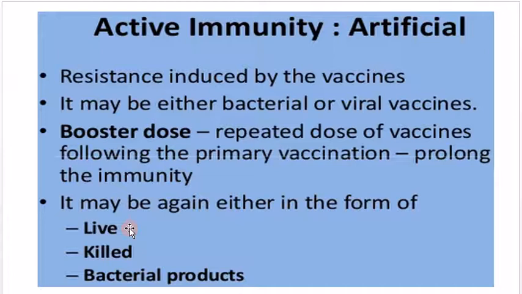If we put in the real pathogen, sometimes it causes harm to the body, and therefore sometimes they use either a bacterial product, or a killed or live virus. Sometimes you use a booster dose, which means for prolonged immunization you need to remind your body again and again to protect itself from certain pathogens.